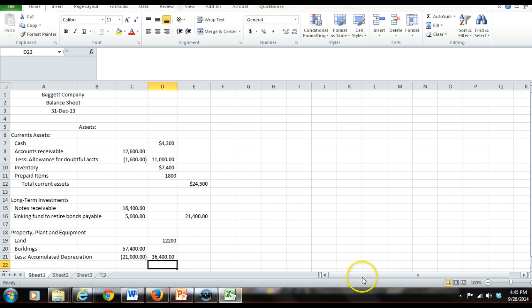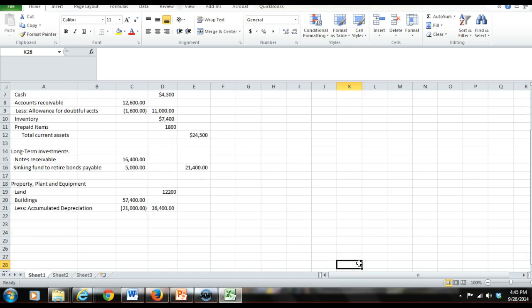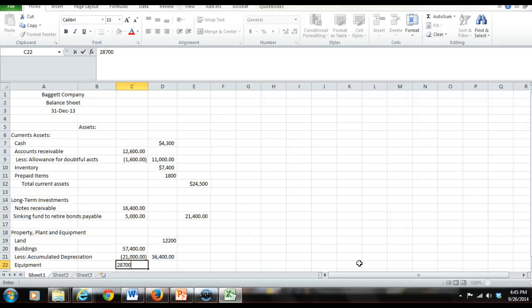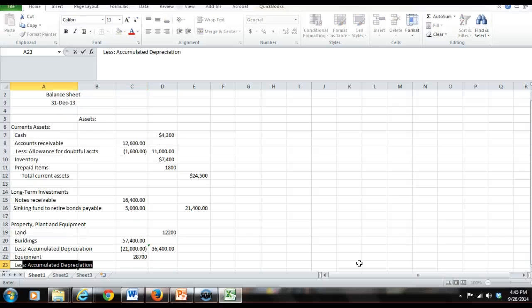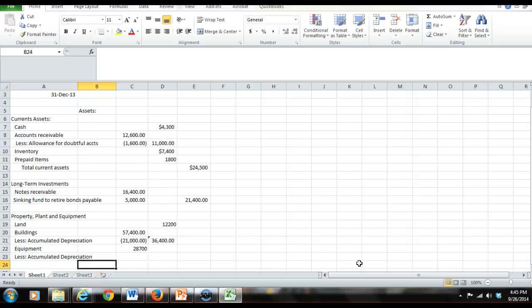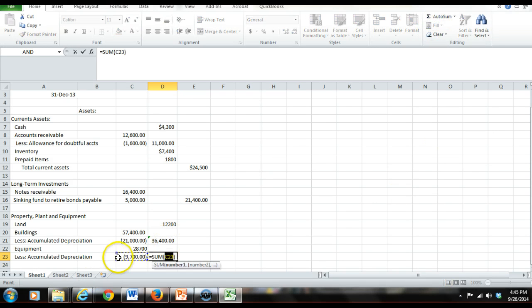Then we're going to do the same thing with our equipment. We're going to show the equipment at its cost, 28.7, and then we will also take less our accumulated depreciation on our equipment, which is 9,700, to come up then also with a net value of the equipment costs.